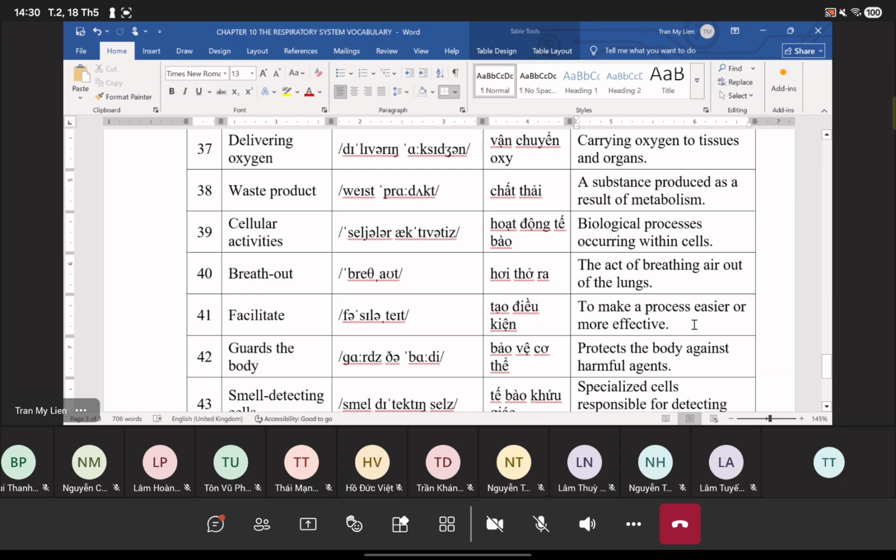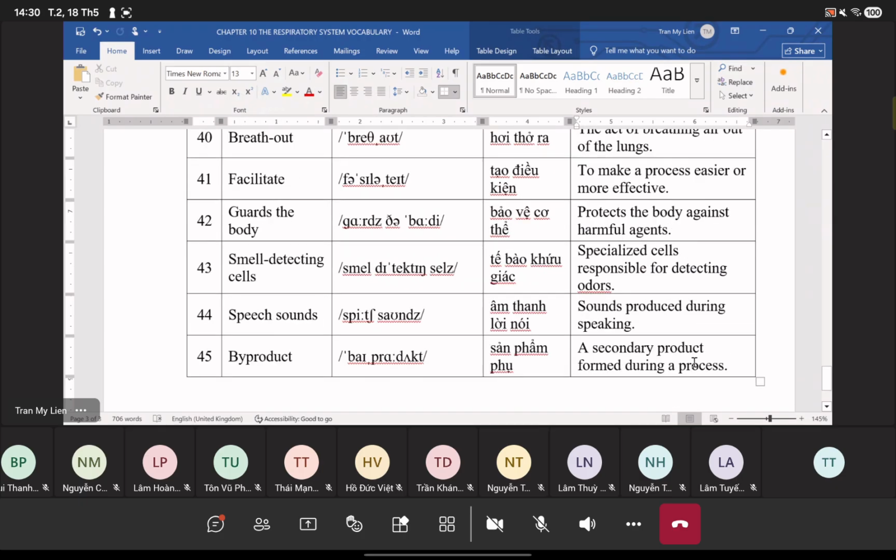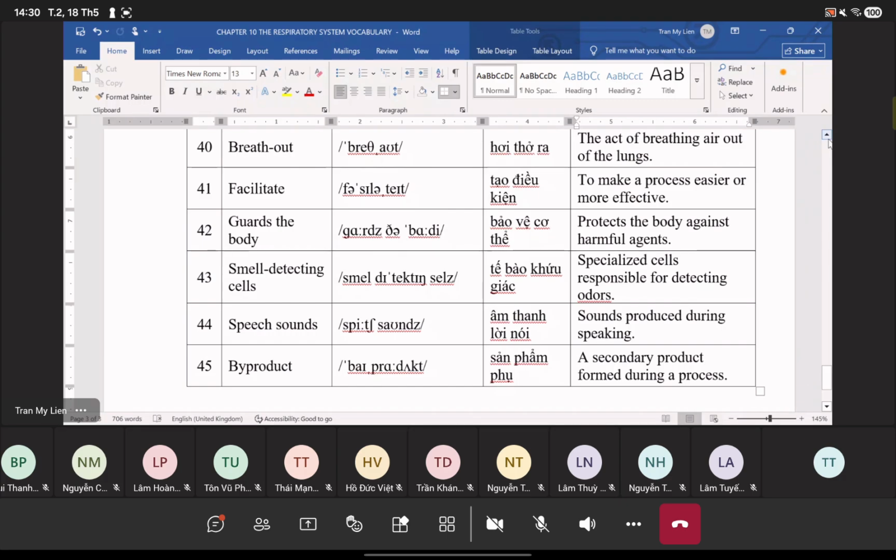Guard the body means protects the body against something. Smell detecting cells means the cells responsible for detecting odors. Speech cells. Byproduct: a secondary product formed during the process.